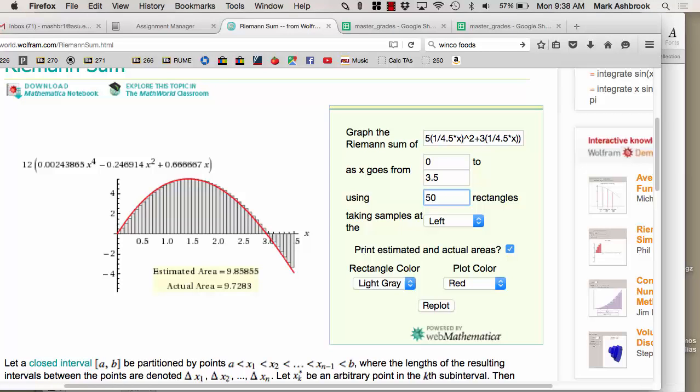What is the sum of the areas of those rectangles converging on? Isn't it the tops of those rectangles are doing a better job of mimicking the curve? So here's even more rectangles. By adding up those rectangles, it's like we're adding up the total area between the curve and the x-axis.